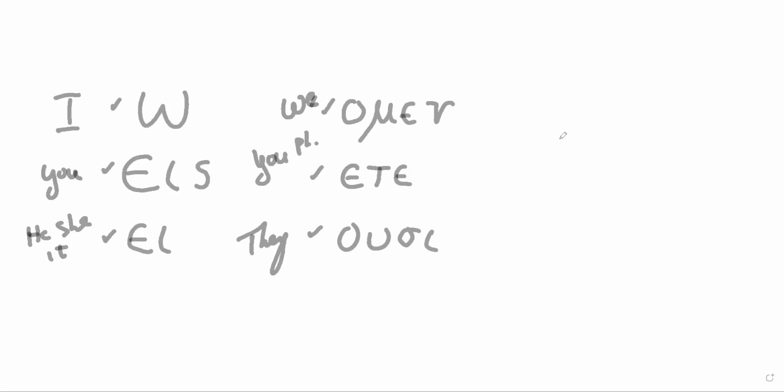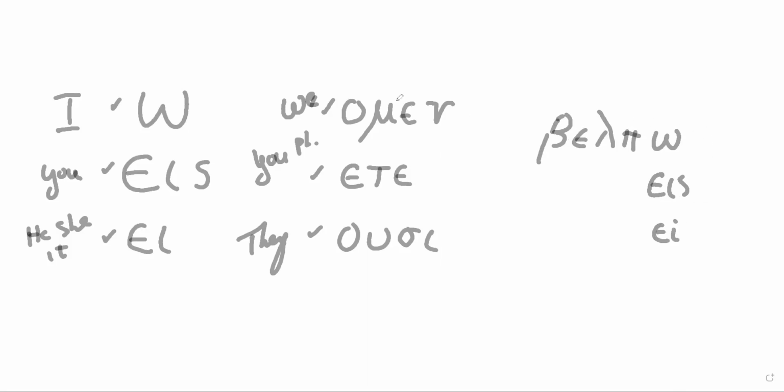So if you were to say I see, you would use the word blep, which is beta, epsilon, lambda, pi. So that's ble. And if you wanted to say I see, you put O at the end. If you wanted to say you see, which one person you see, you would put the ace at the end. If you want to say he or she or it says or sees, you would put the A at the end.